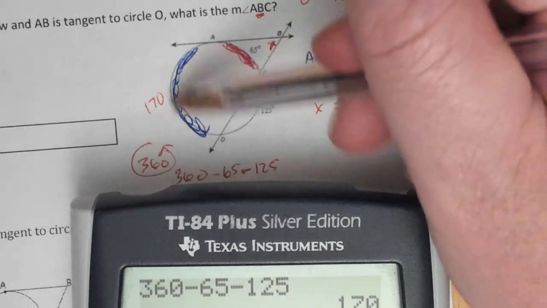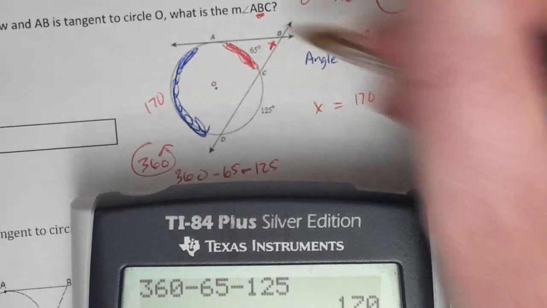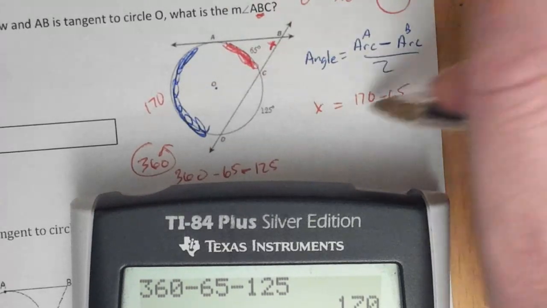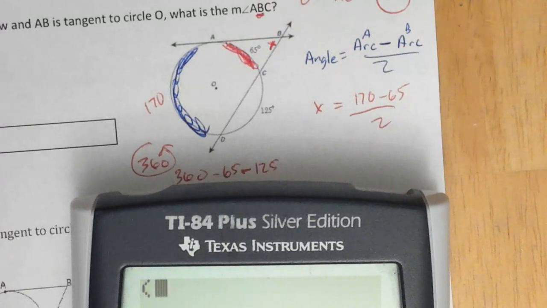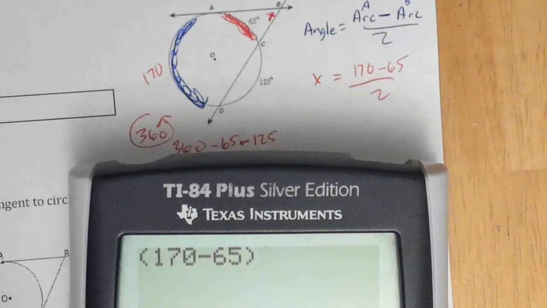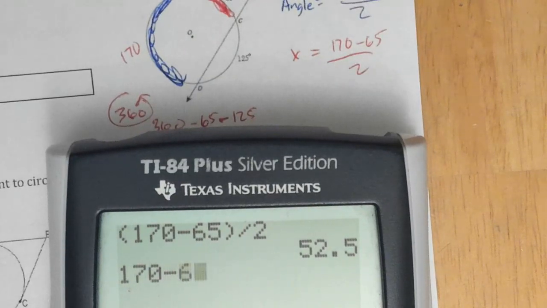So I'm going to take this big arc, 170, minus the little arc, which is 65, and divide by 2. So 170 minus 65 equals, then divide by 2, and I would get this number. Now be careful. A lot of people do this. 170 minus 65 divided by 2, and this is wrong.